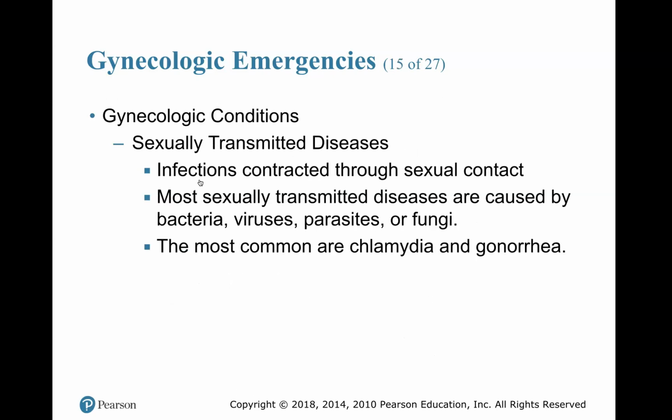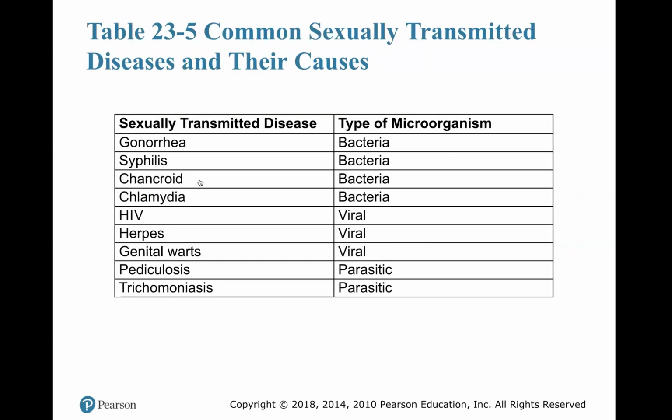Sexually transmitted diseases, infections contracted through sexual contact. Most sexually transmitted diseases are caused by bacteria, viruses, parasites, or fungi. The most common are chlamydia and gonorrhea. Here are some common sexually transmitted diseases and their causes. Look over this, become familiar with it.